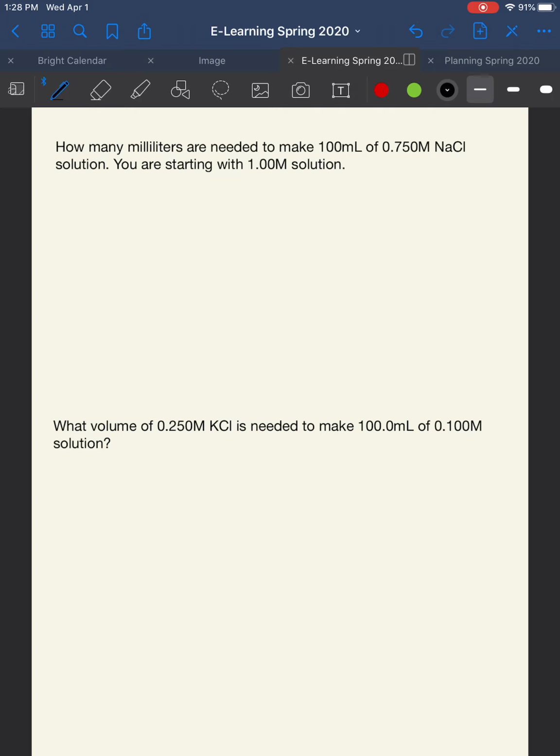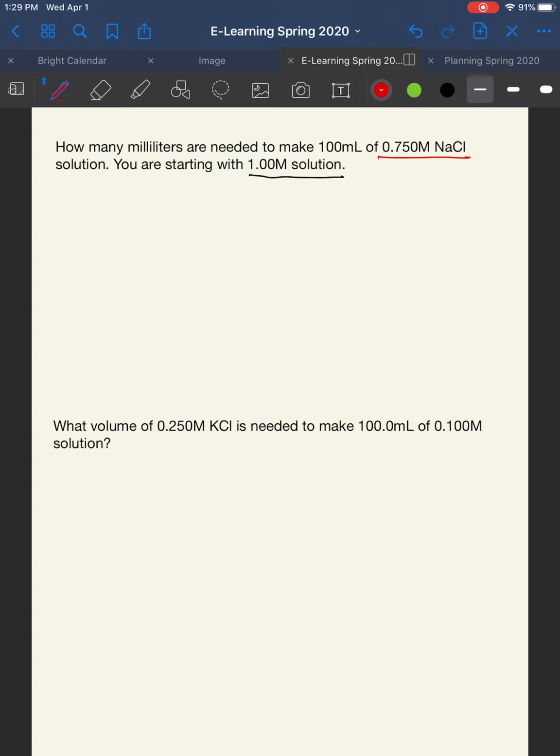In order to figure out which one is your starting molarity and your ending molarity, your starting molarity, your M1, is always going to be higher than your M2. Why? Because in the process of dilution, you are going from more concentrated to less concentrated.